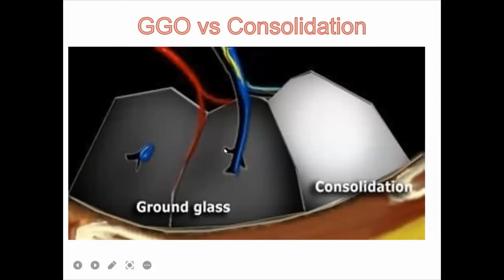But later, when the disease progresses, these ground glass opacities get converted into consolidation. Here you can see this is totally solidified, so you cannot see the underlying vessel. So you can differentiate easily.